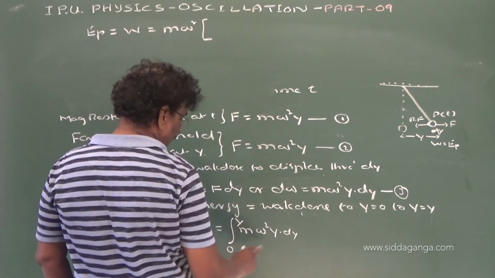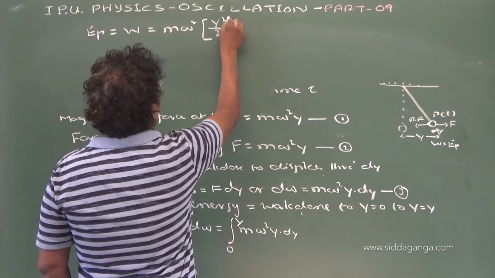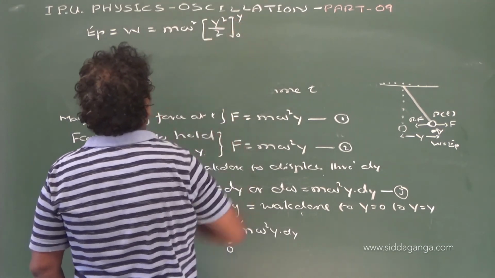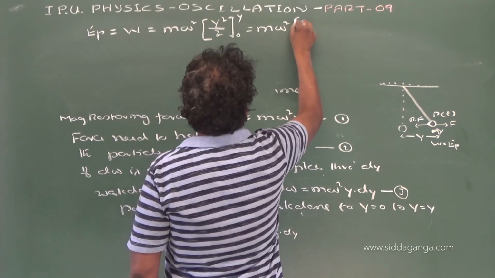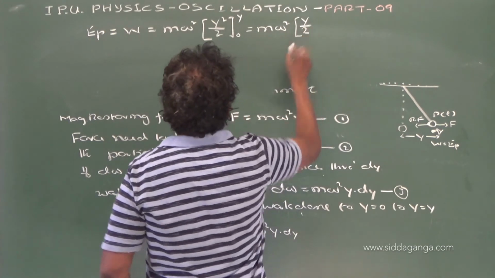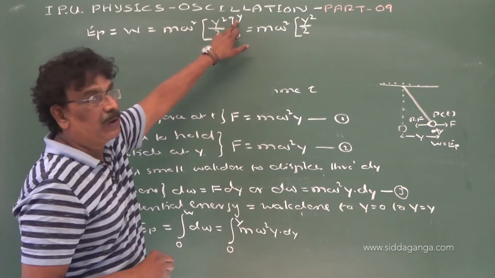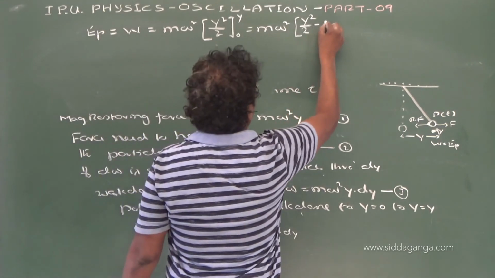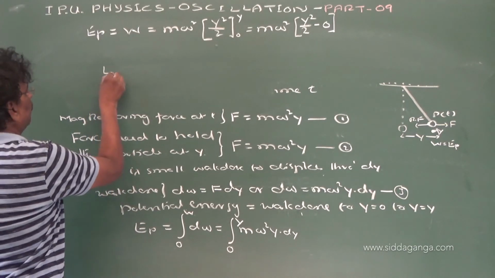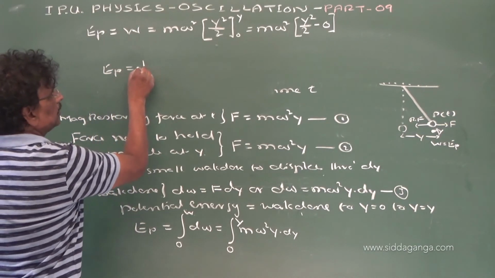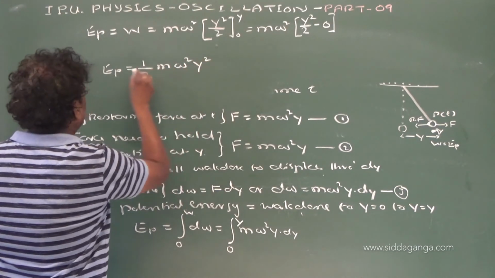When we integrate y dy, we get y square by 2 within the limits 0 to y, that is equal to m omega square times that. Now applying the limits, y square by 2 when y is equal to y, minus 0 when y is equal to 0. Therefore, we get EP is equal to half m omega square y square.